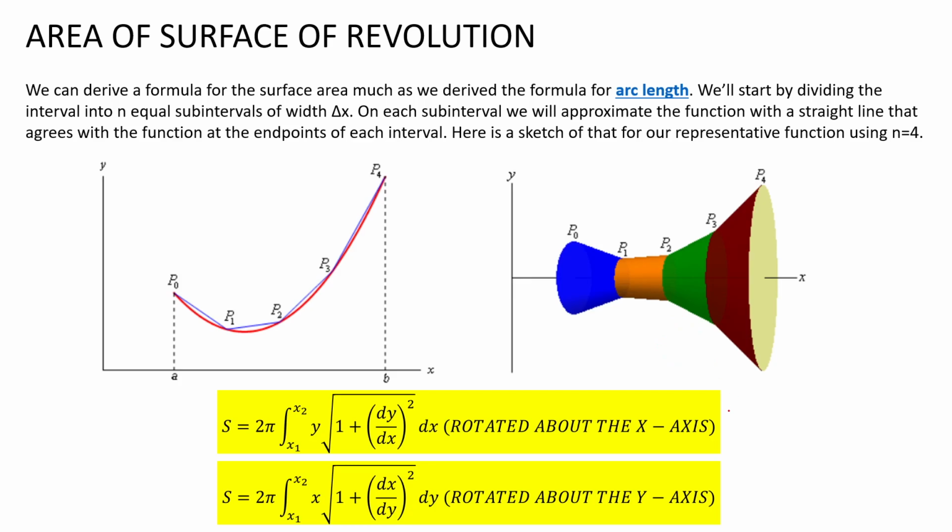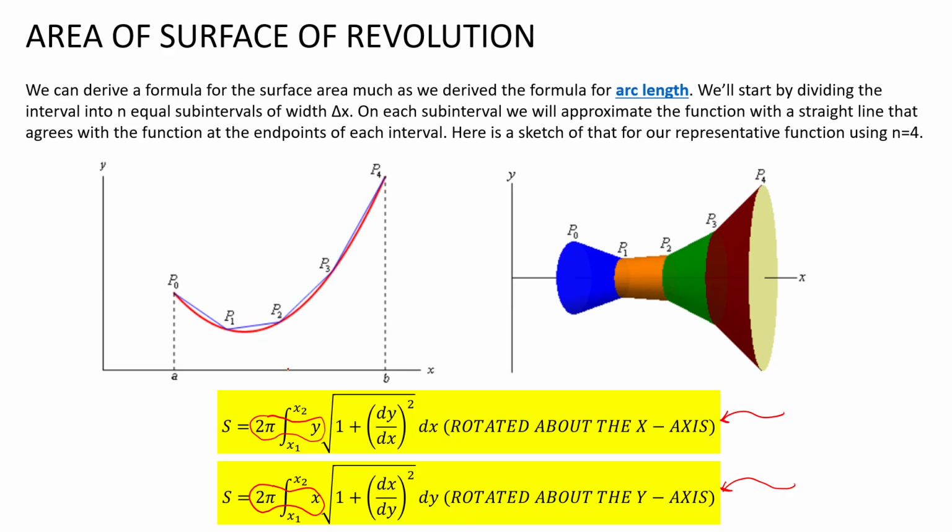One is rotated about the x-axis, the other one is rotated about the y-axis. Notice that what is added in the formula is just this portion here, 2 pi y, and the other one is 2 pi x. The rest of the formula is coming from the arc length equation.